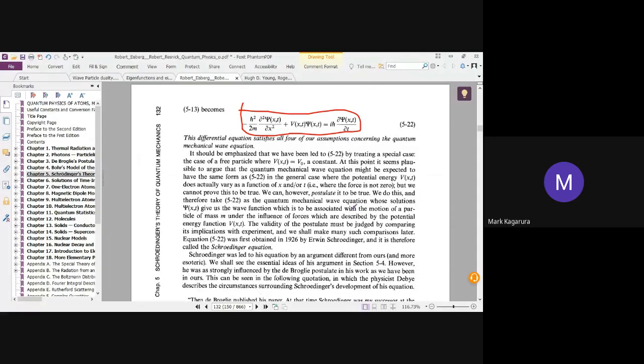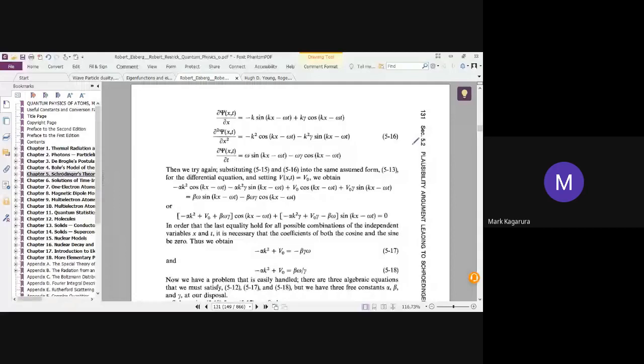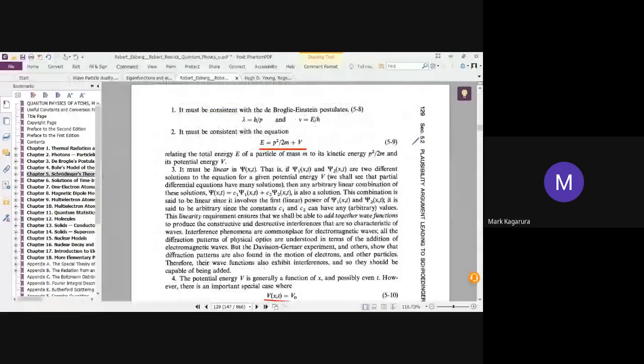And so it satisfies all the assumptions concerning the quantum wave equation. And what are those assumptions? One, that you have the conservation of energy, and that it must be consistent with the de Broglie and Einstein postulates. Then it must be consistent with this equation, which is the conservation of energy.